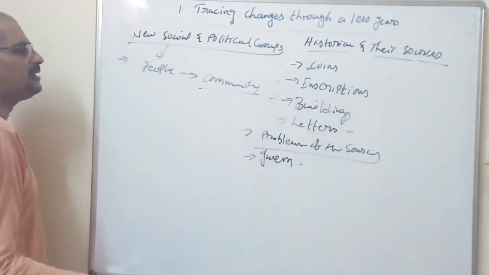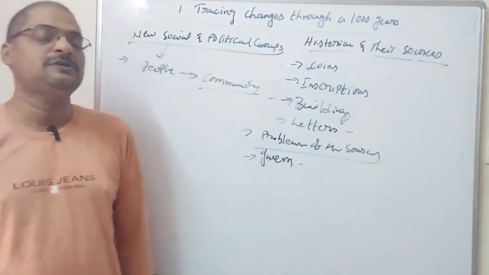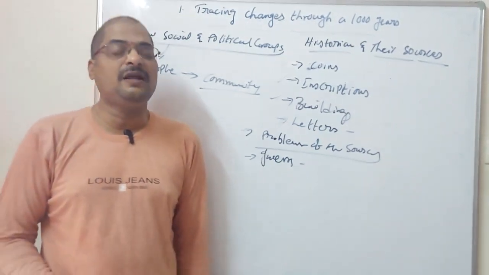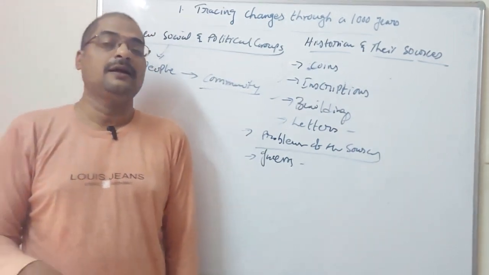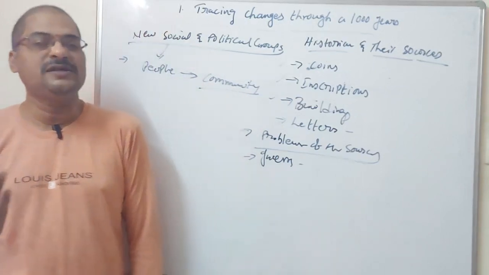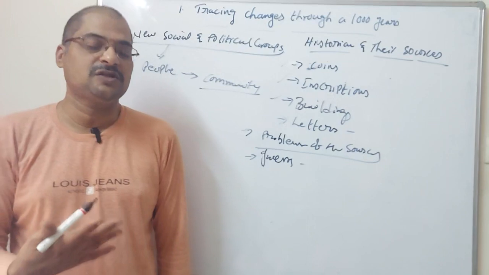We see that different kinds of communities are there, for example Hindu community, Muslim community, Christian community, and categories of people: Brahmins, Shudras in the lowest category, and Kshatriyas.